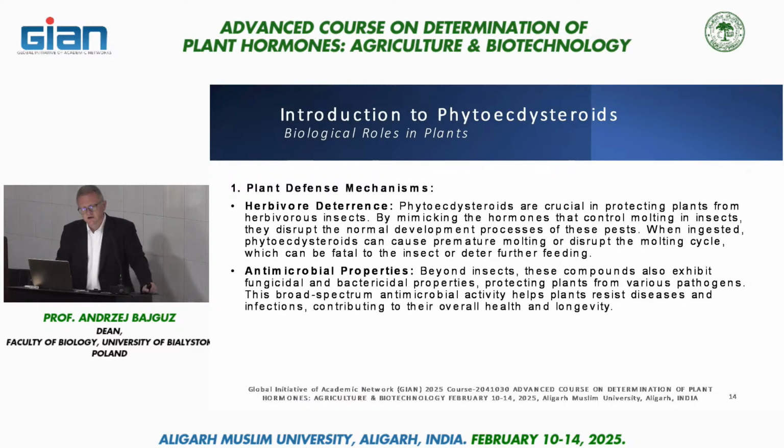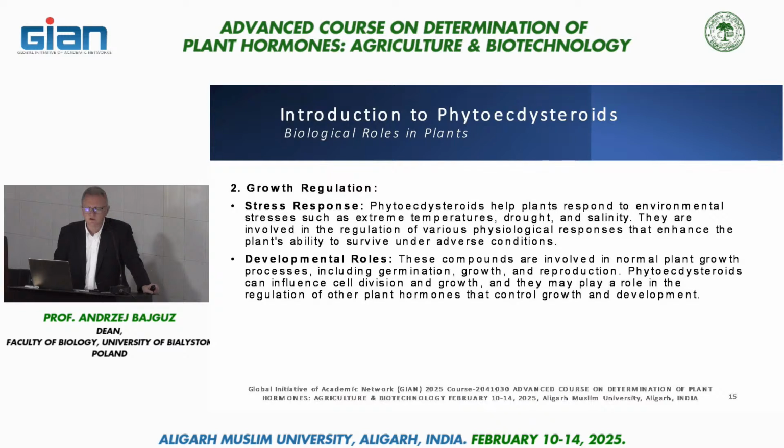Plants, of course, are constantly exposed to environmental stress such as drought, extreme temperature, salinity, and heavy metals. Phytoecdysteroids are believed to play a role in helping plants adapt to these stresses. There are some similar mechanisms to brassinosteroid action. I told you about it in my previous lectures.